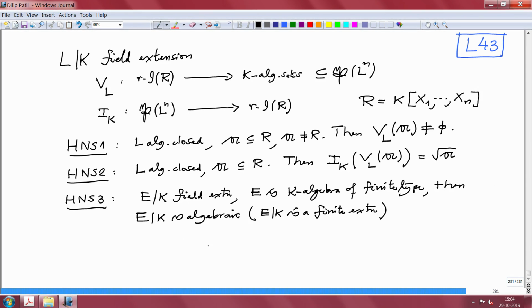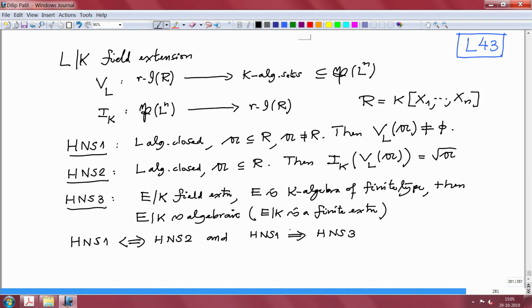And what did we prove so far? So far we have proved that HNS1 if and only if HNS2, and also we have proved HNS1 implies HNS3. These we have proved already.